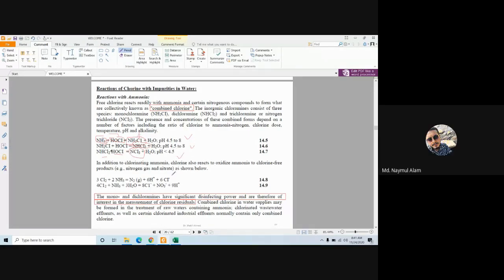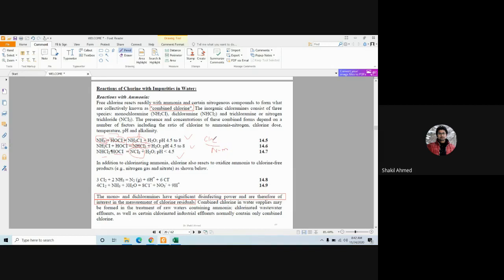Also, which species will form depends on the ratio of chlorine to the nitrogenous matter. I mean, how much pollutant you have in water with respect to the chlorine.